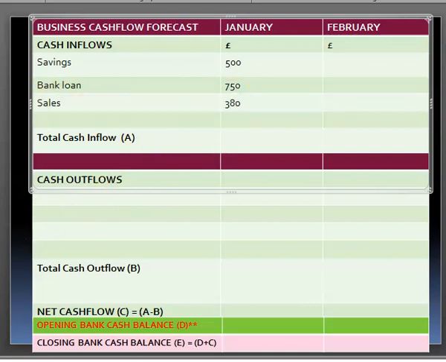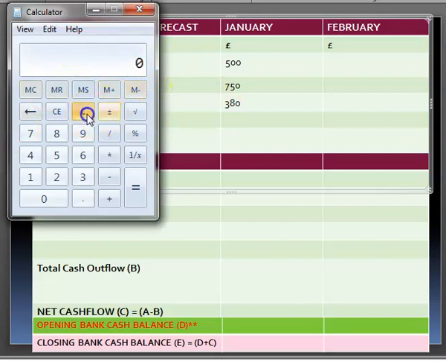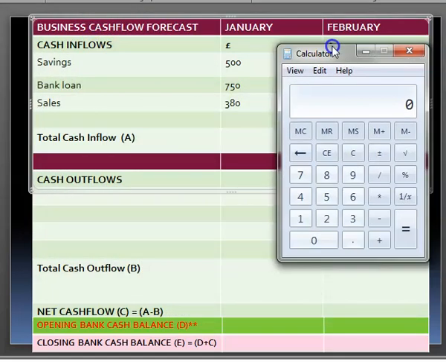Now, if we want to calculate the cash, let me put the calculator here for you to see. We're going to do calculations of these three items that they received. They have savings of £500 plus 750 bank loan, the bank gave them a loan, and then they sold something for 380.